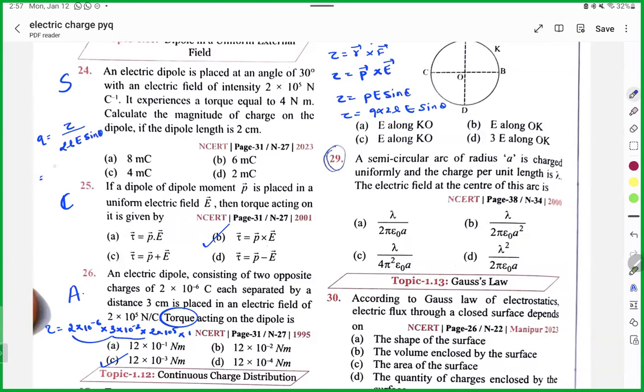So what is the torque value? 4, divided by the distance value 2 into 10 raised to power minus 2, E value 2 into 10 raised to power 5, and sin 30 value 1 by 2. 2 and 2 cancel, 2 twos are 4. I will not even check other options. My answer will be 2. Any doubts? No, sir.